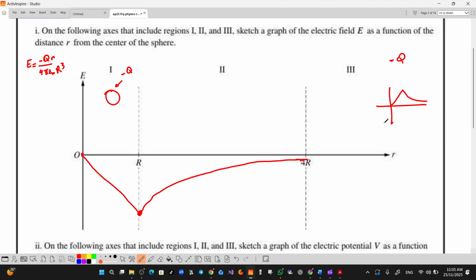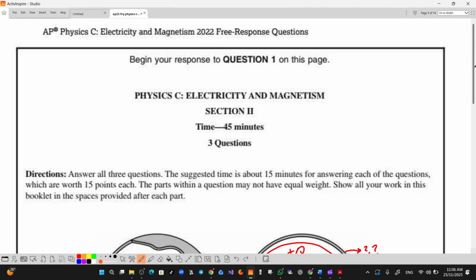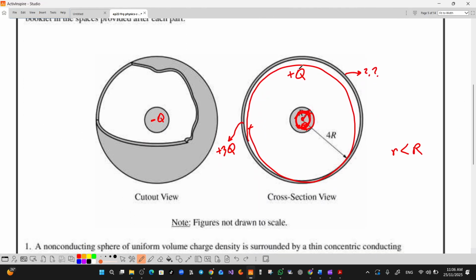Now after that, let me go back to the sketch. The shell, remember that the shell has two faces. One of the faces is positive, the second face is plus 3Q. So once we cross the boundary of the sphere after 4R, the sphere becomes positively charged with plus 3Q, with the shell at least.